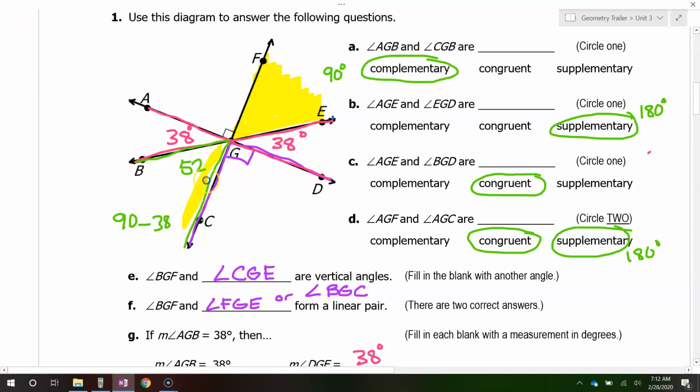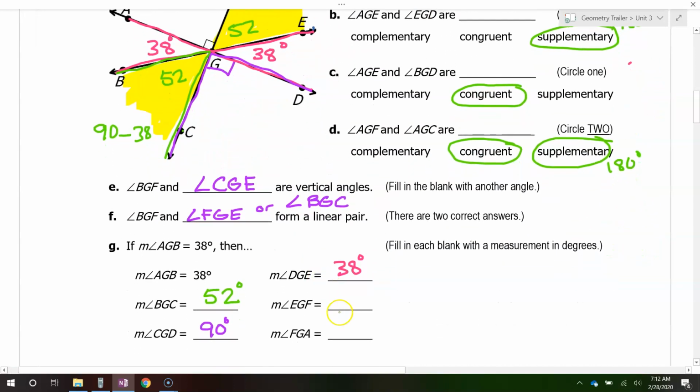I mean, you could do it either way, but since we already have this angle, you can see that these two yellow angles are vertical angles. All right, see how they make the X? So that means that they are congruent. Or I could have used the complementary thing and done 90 minus 38 again. So either way, we get 52 for that one.